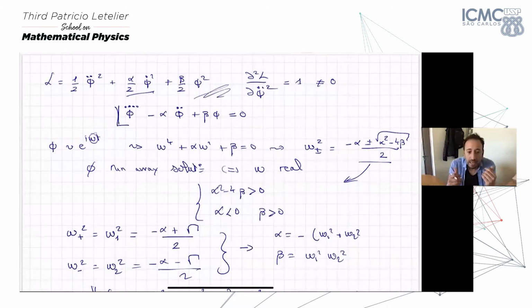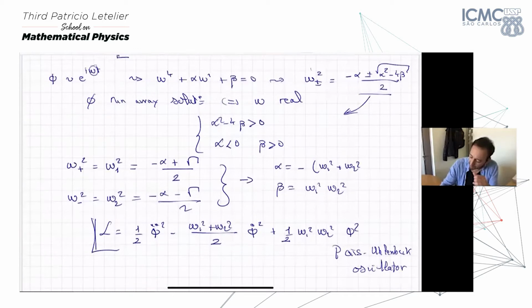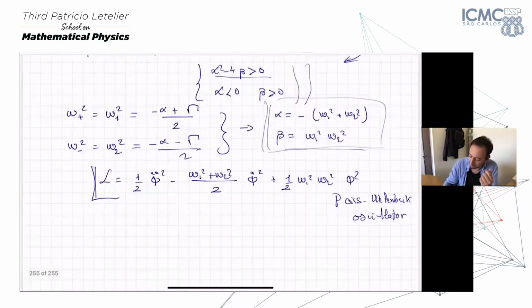And we are asking that there exist some solutions which are not diverging. In that sense we have some classical stability, and that stability imposes some conditions: alpha should be negative, beta should be positive, and alpha squared minus 4 beta should be positive. That selects only one theory, this Lagrangian, called the Pais oscillator.